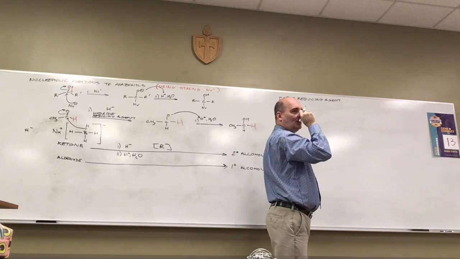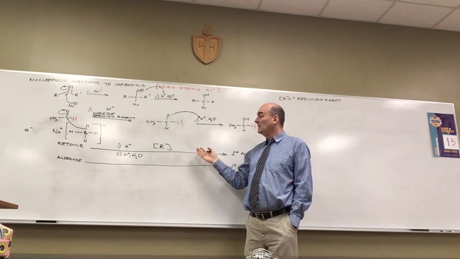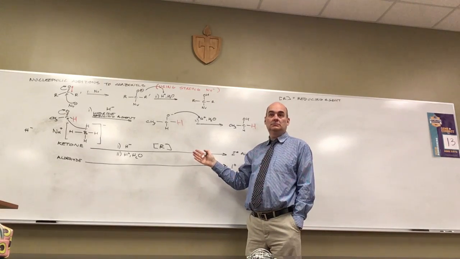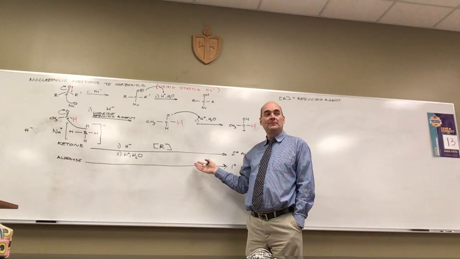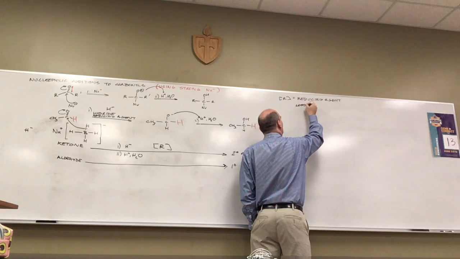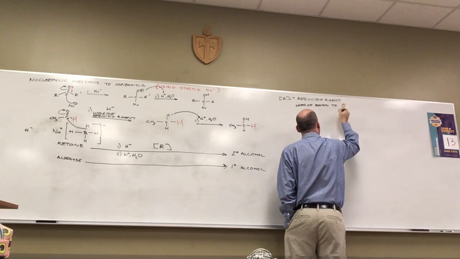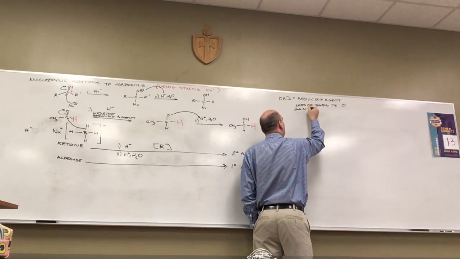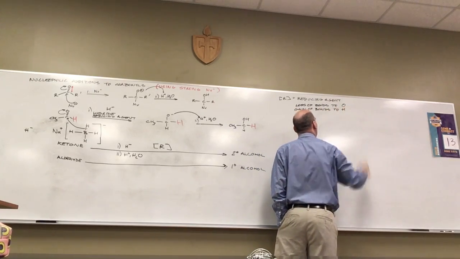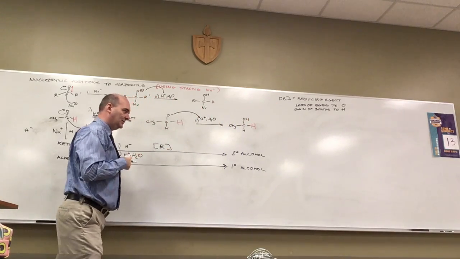Oxidation is the loss of electrons. Reduction is the gain of electrons. Can we see the gain of electrons? Not really. But we can see loss of bonds to oxygen and gain of bonds to hydrogen. That's what a reducing agent is going to cause.